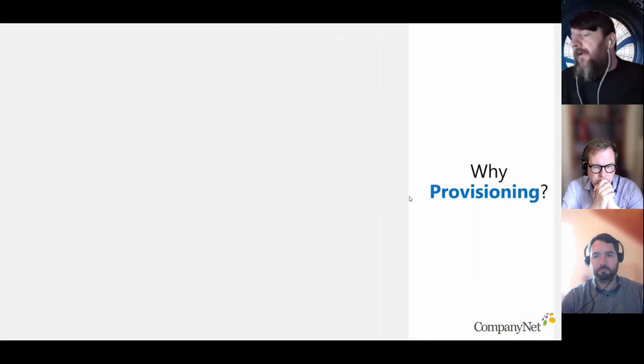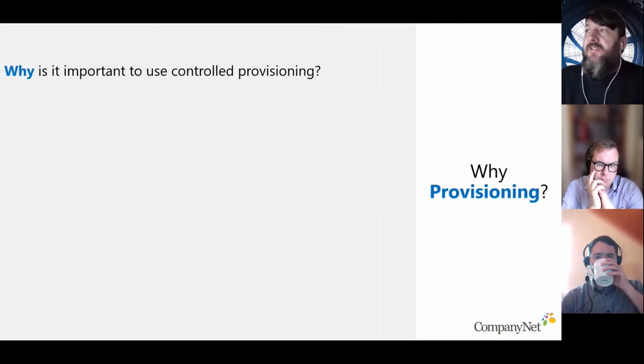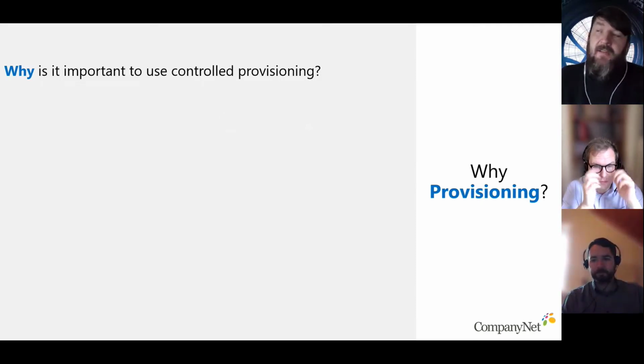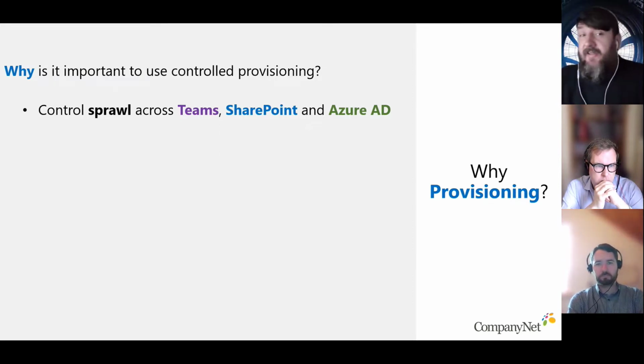Cool. So why provisioning? Why is it important to use controlled provisioning? There's a few key points with this. What I've mentioned already is controlling that sprawl across Teams, SharePoint, and Azure Active Directory. And this really is one of the main drivers.